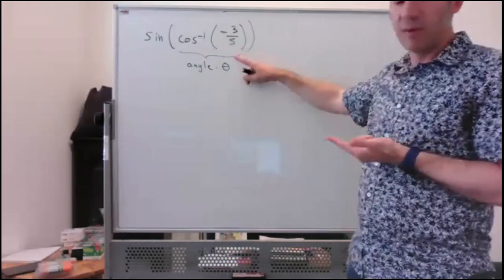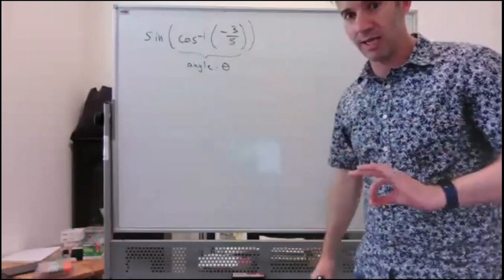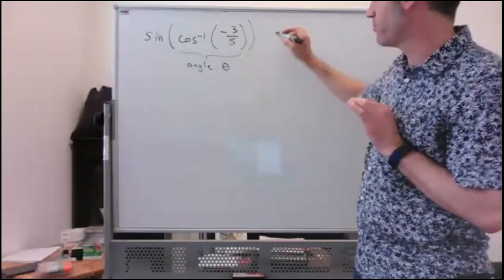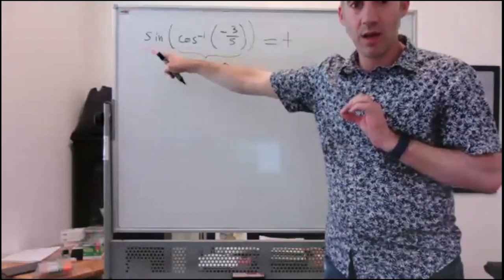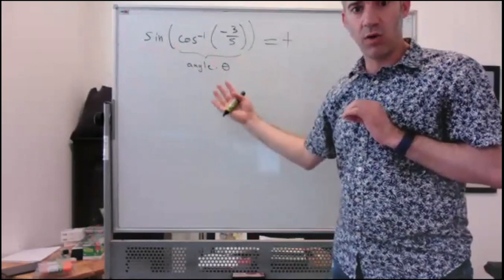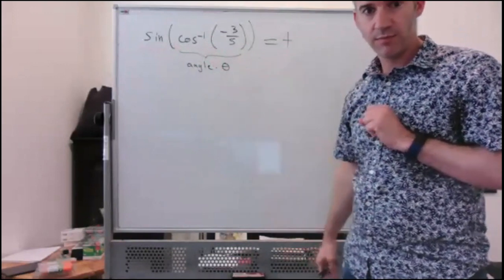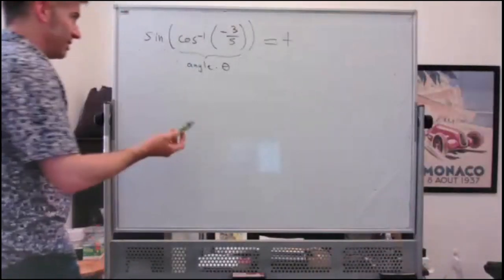This one's specifically going to be quadrant 2 because inverse cosine is negative. But what I really want to say is, whether it's quadrant 1 or quadrant 2, we know that sine of an angle in quadrant 1 or quadrant 2 has to be positive. So we know our answer is going to be positive. We'll also work it out, but I just want to say that.